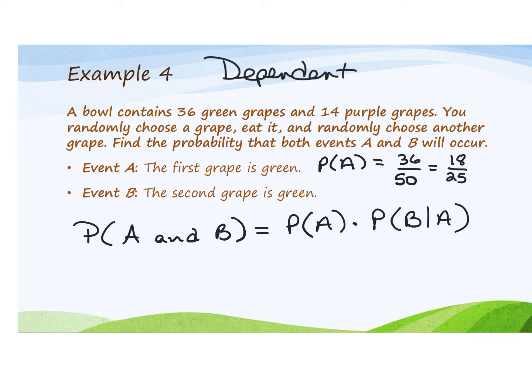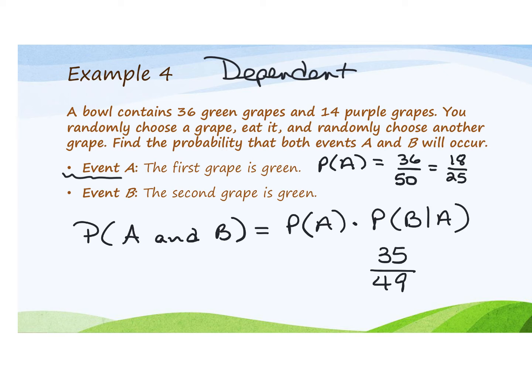When you're doing a problem like this, you're going to assume that event A happened, that you got that green grape, you took it out of the bowl, and you ate it. How many green grapes are left now? If you took one away and ate it, there's now 35 green grapes out of a total of 49 grapes left in the bowl.